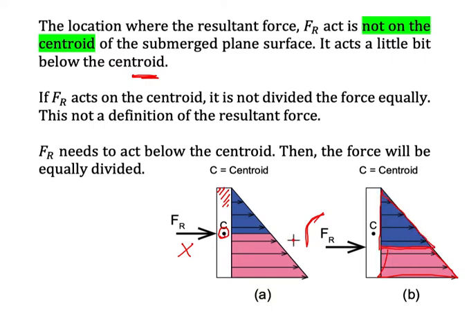If we take the location of the resultant force right on the centroid, the total force at the top is not equal to the force at the bottom. So we need to balance the location. The location is a little bit below the centroid.